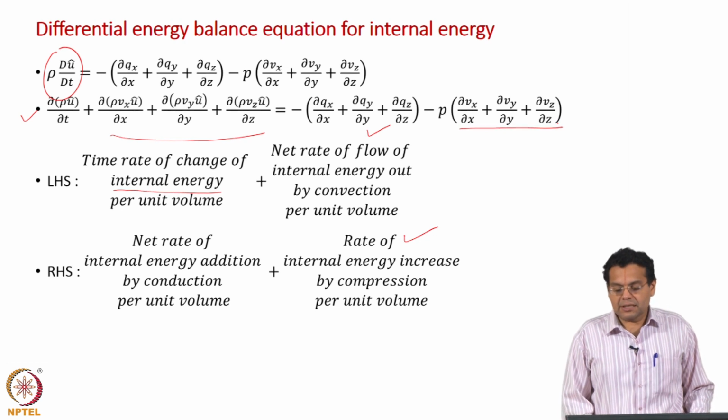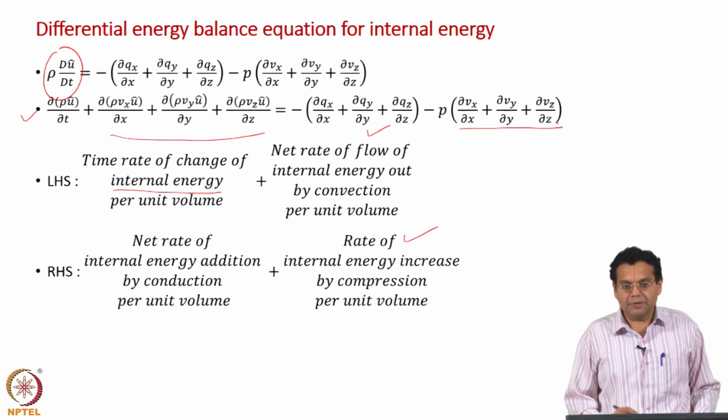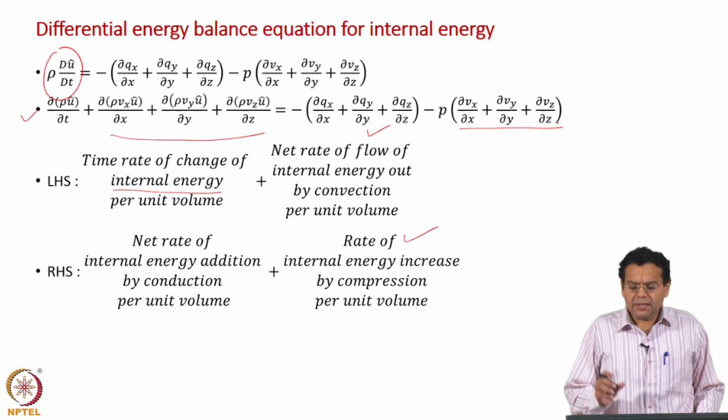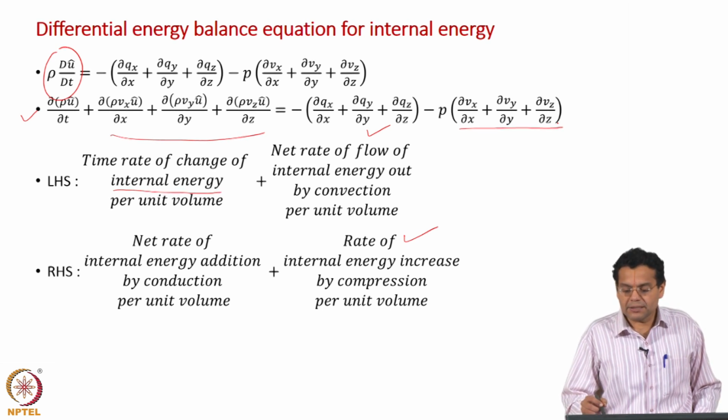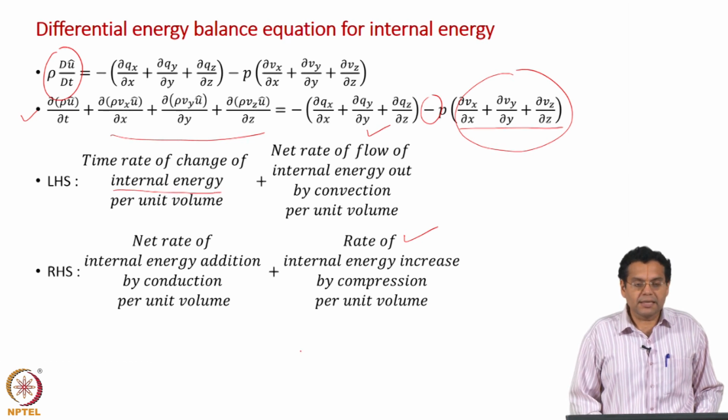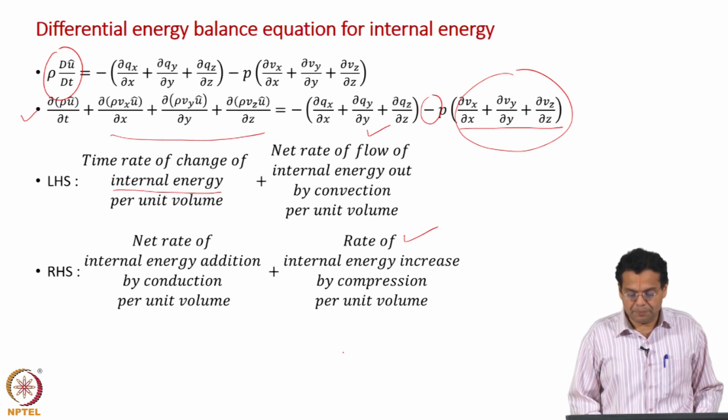We know this term as del dot V, but remember we also discussed this as the volumetric strain rate. What does it tell you? Fractional rate of change of volume. So, now let us say there is a decrease in volume. What happens? This term is negative and this will become positive, and that will result in an increase in internal energy. That is what this tells you.